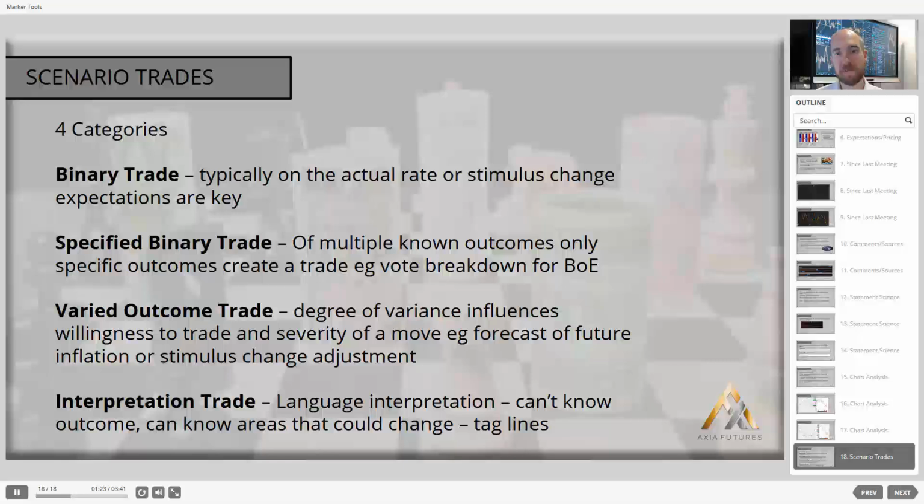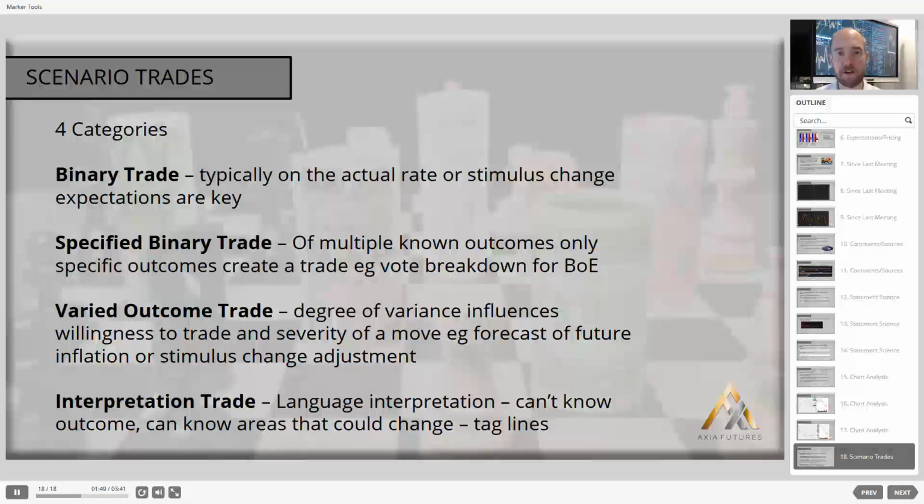Now it could be that of the multiple different breakdown scenarios you could have, 2 of them will create a trade, one a dovish, one a hawkish trade. So therefore it's a specific binary trade. You're only looking for certain outcomes to trade, not trying to judge all of them and not acting on all of them.